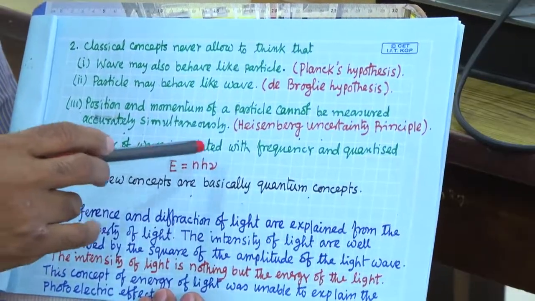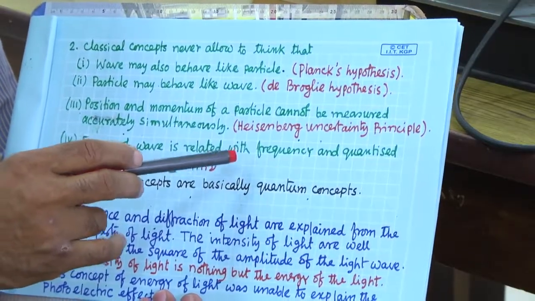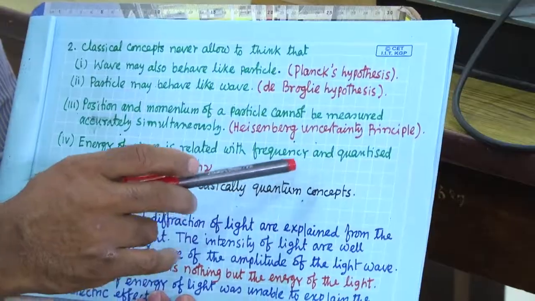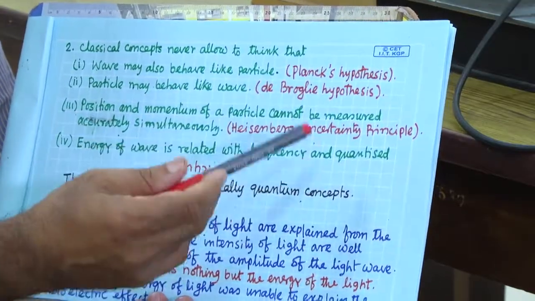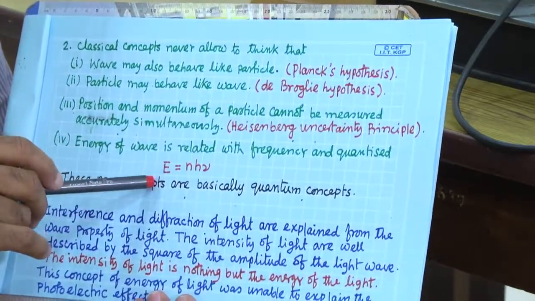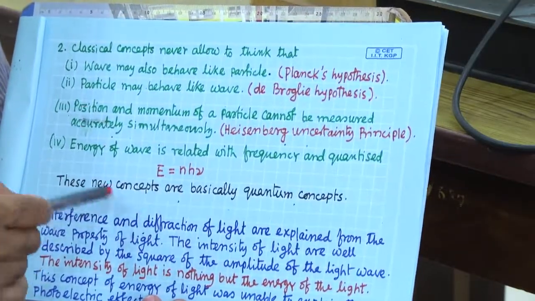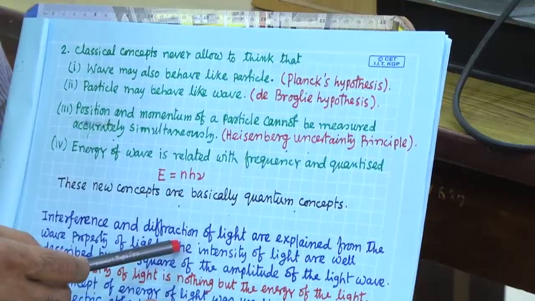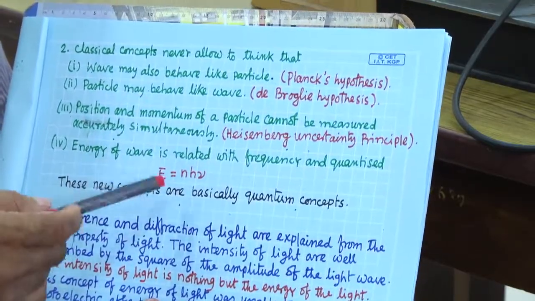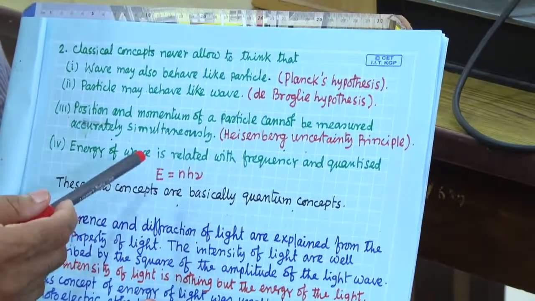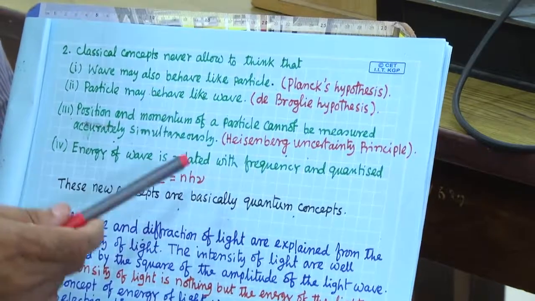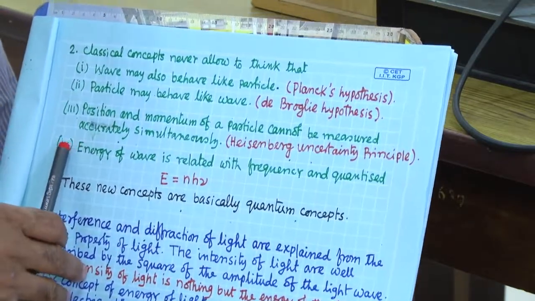The energy of a wave is related to the frequency and the energy is quantized, that is E equal to n h nu: h nu, 2 h nu, 3 h nu, or h nu 1, h nu 2, h nu 3 for frequencies nu 1, nu 2, nu 3, these are different energies.